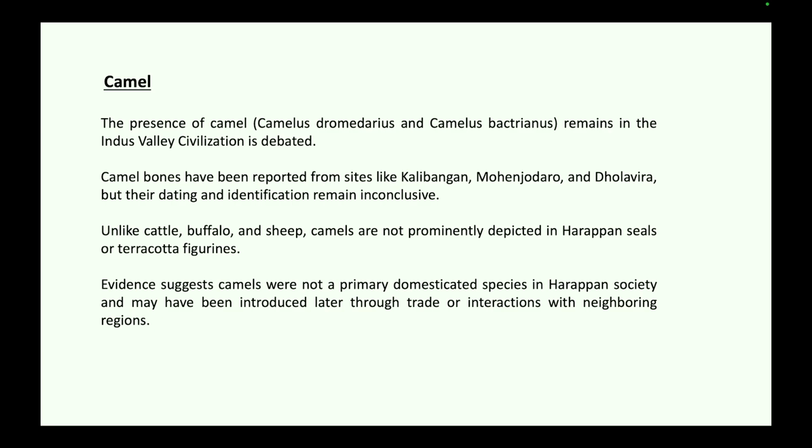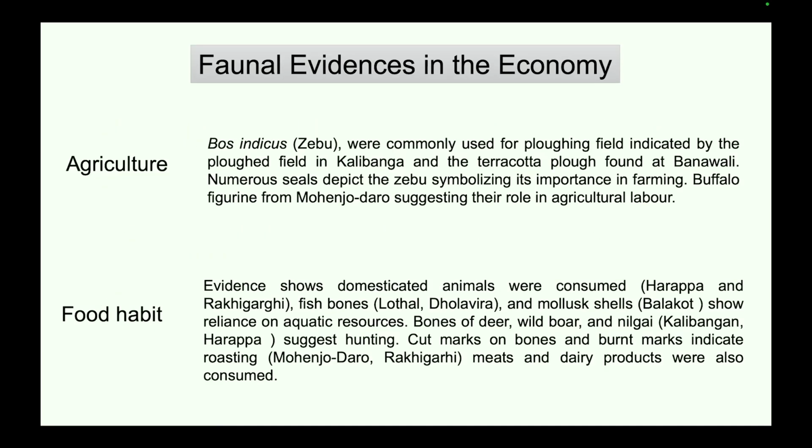Unlike cattle, buffalo, and sheep, camels are not prominently depicted in Harappan seals or terracotta figurines. Evidence suggests camels were not a primary domesticated species in Harappan society and may have been introduced later through trade or interaction with neighboring regions.